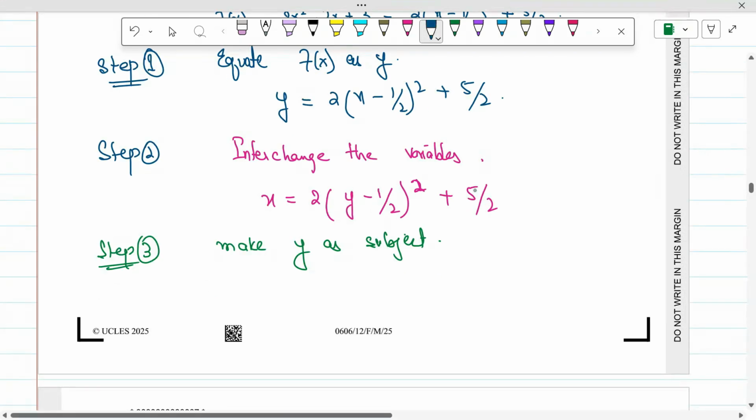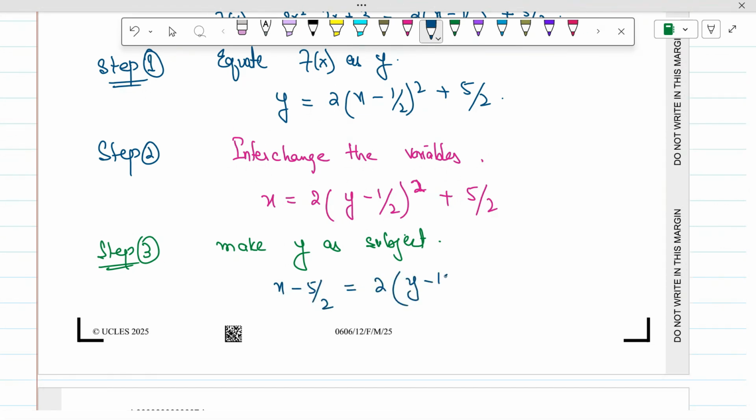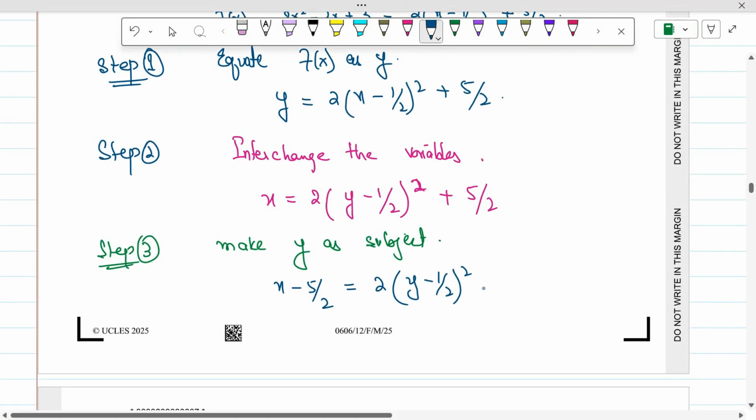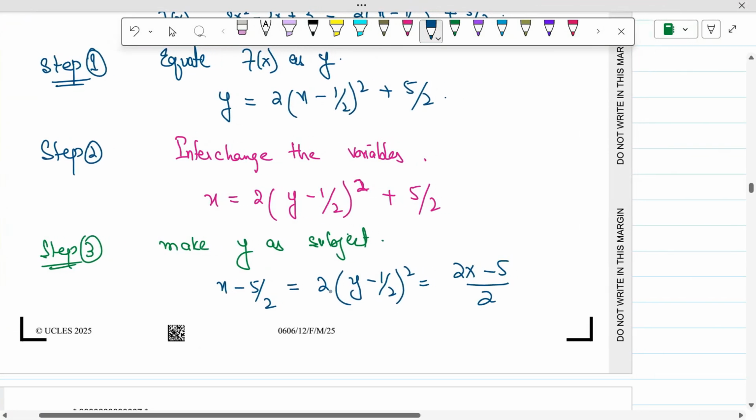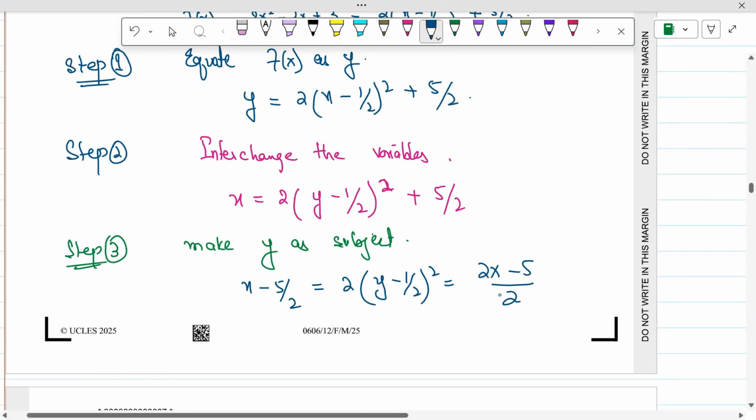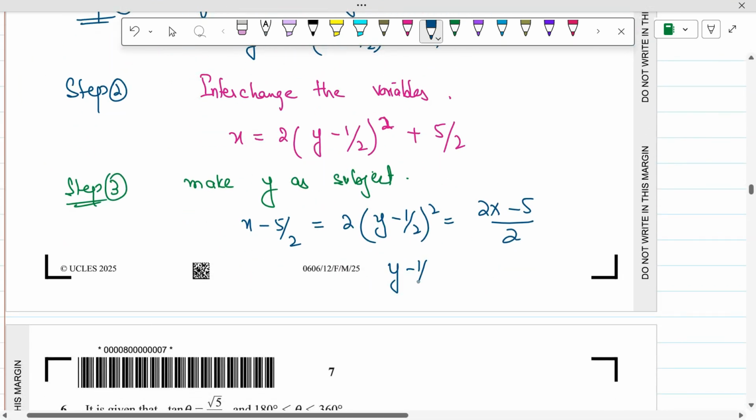When we move 5 over 2 to the left side, it will be x minus 5 over 2 equals 2 times (y minus half) whole squared. Now, when we move 2 to the other side, (y minus half) whole squared is equal to (2x minus 5) over 4.